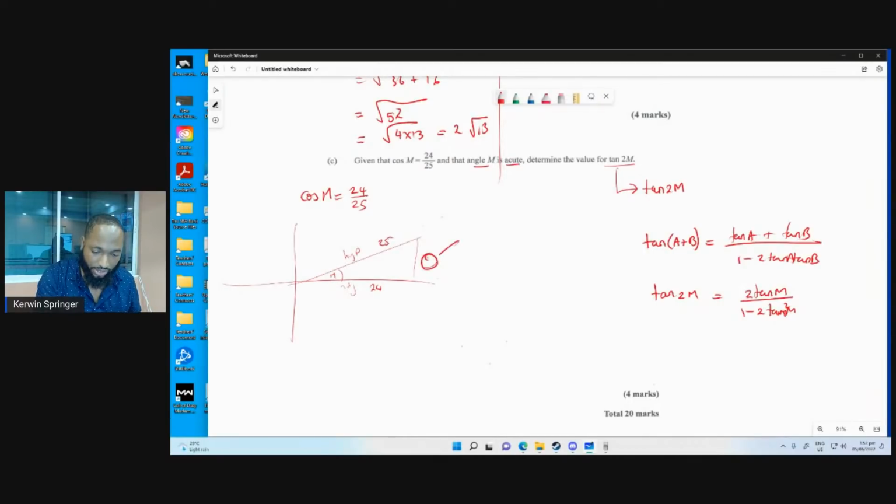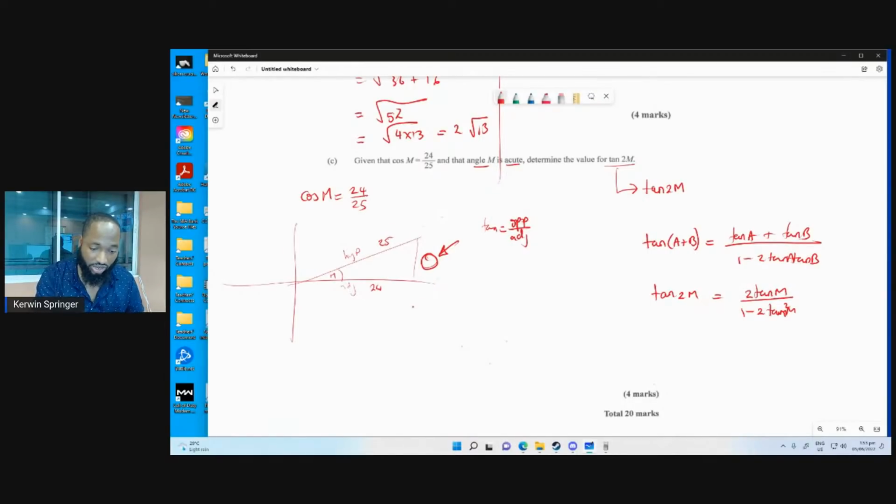So we still need to find this missing side, because tan is the opposite over the adjacent. According to Pythagoras' theorem, it's 25 squared minus 24 squared. 25 squared is 625, minus 24 squared, and you will get 49. So this side is actually 7.